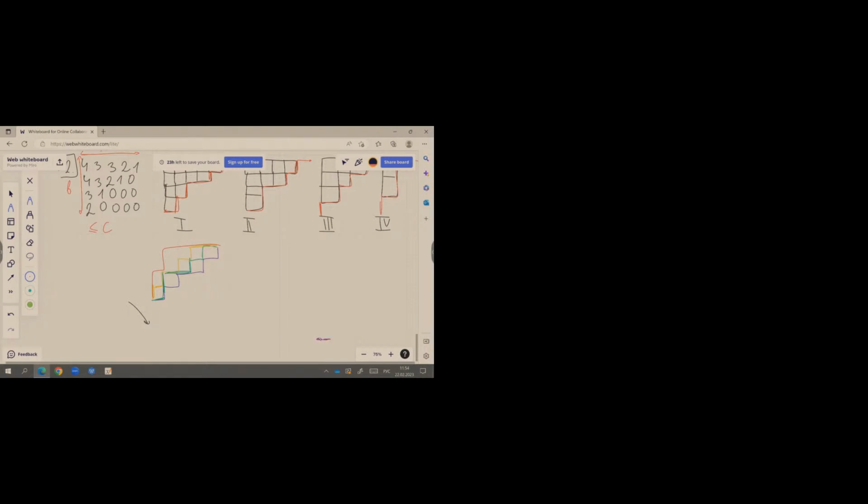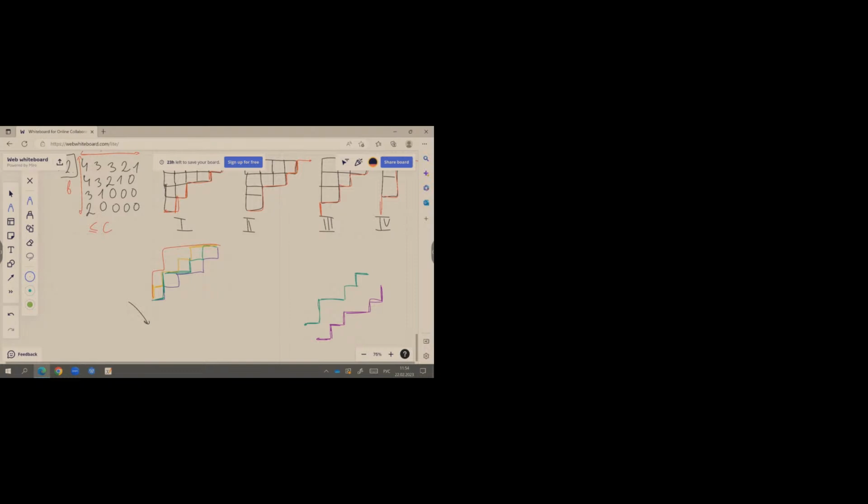This purple one will go like this. Then the green one like this.